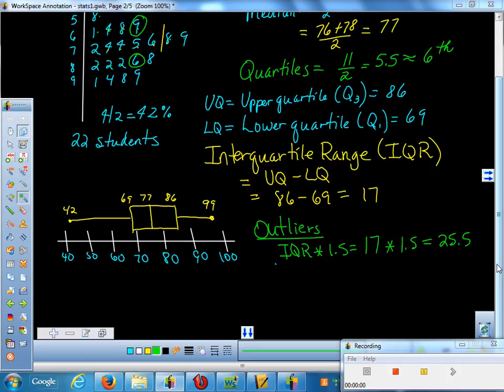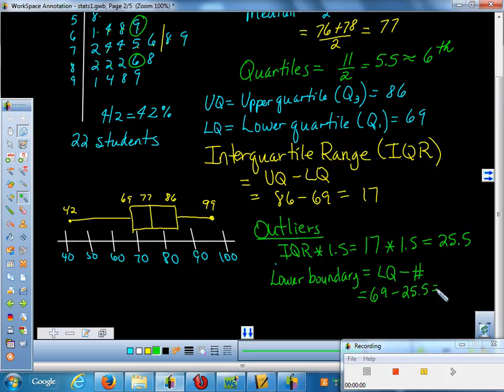So we need to find where those boundaries are. If I want to find the lower boundary on my box and whisker, I'm going to start at the bottom edge of the box, which is the lower quartile, and I'm going to subtract this number I just calculated. In this case, my lower quartile was 69, and I would subtract the 25.5.